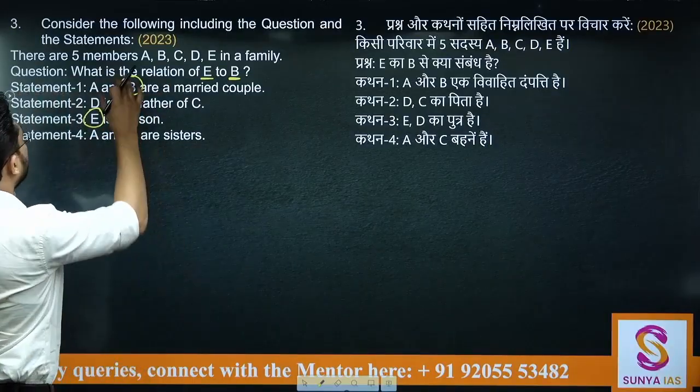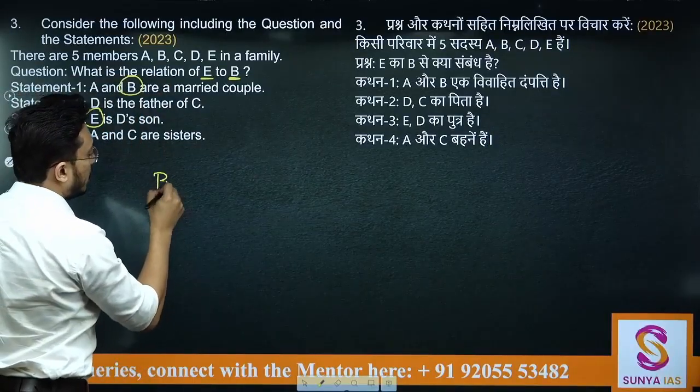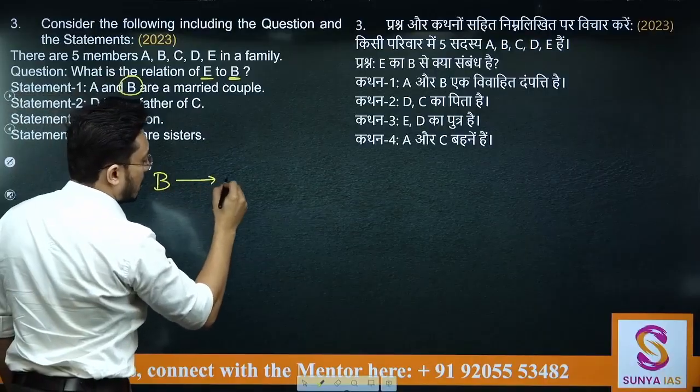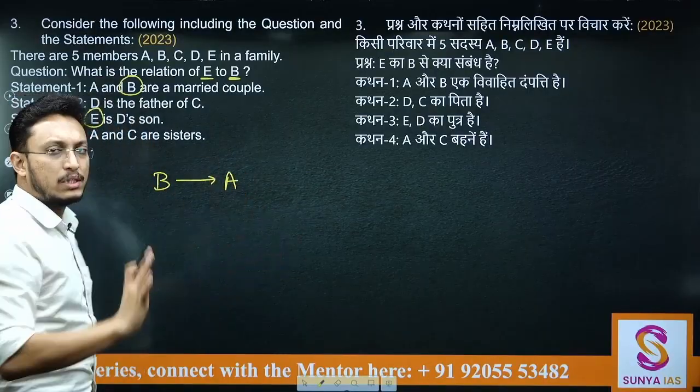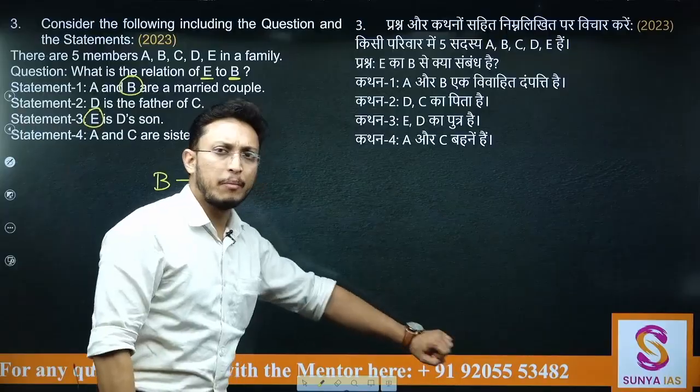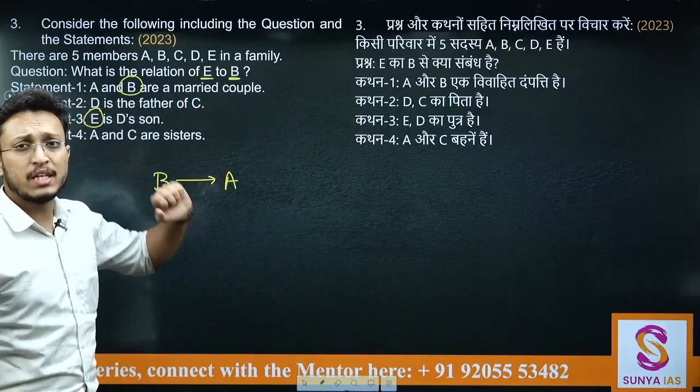If I use statement 1, I can relate B with A. I'm just trying to see the relations right now, I'm not drawing the complete family tree. I'm just trying to see which statements I'll need.